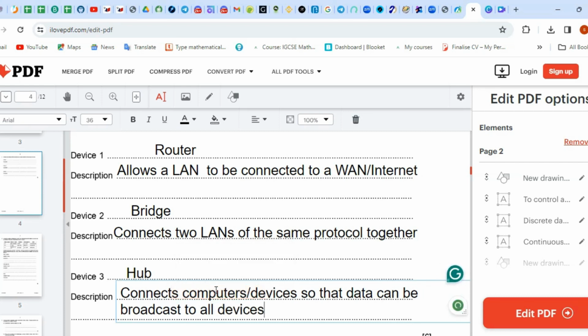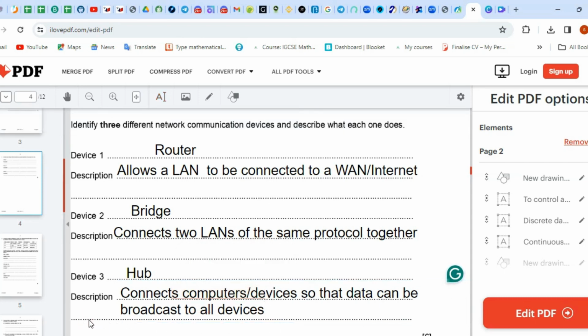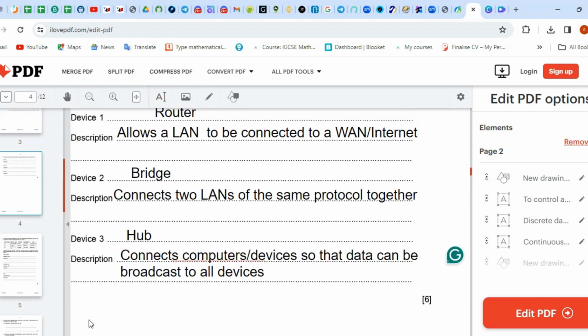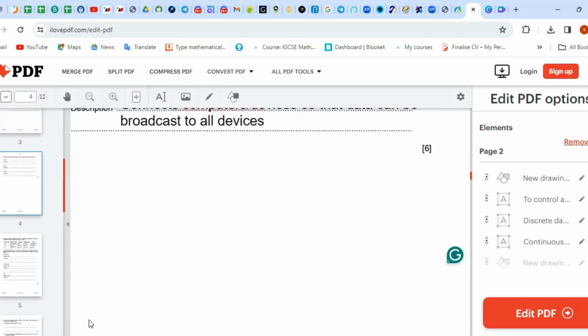So when you use a hub, it helps you to broadcast, that is, transmit data to all devices.